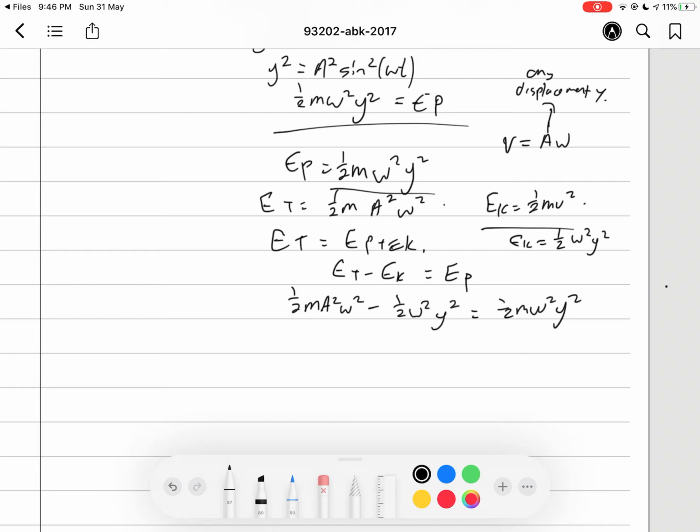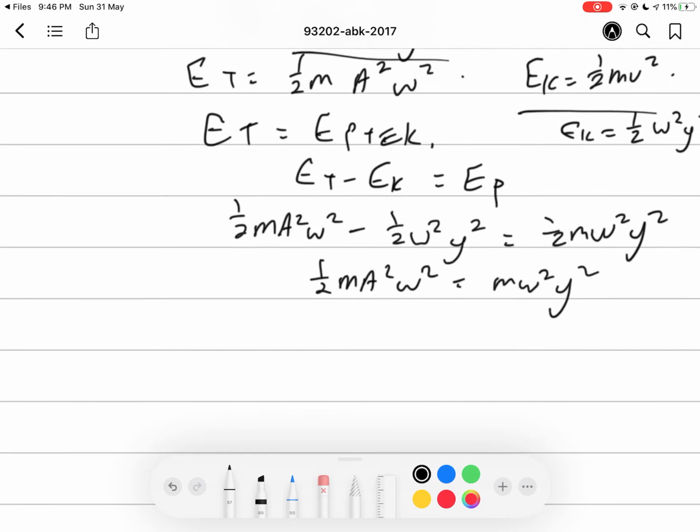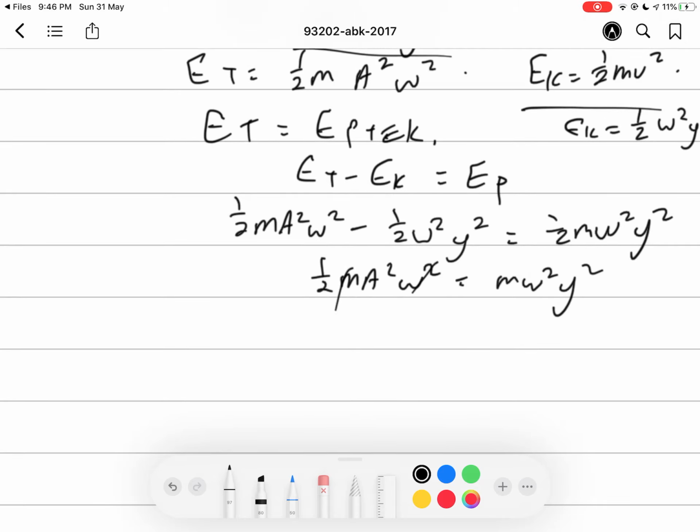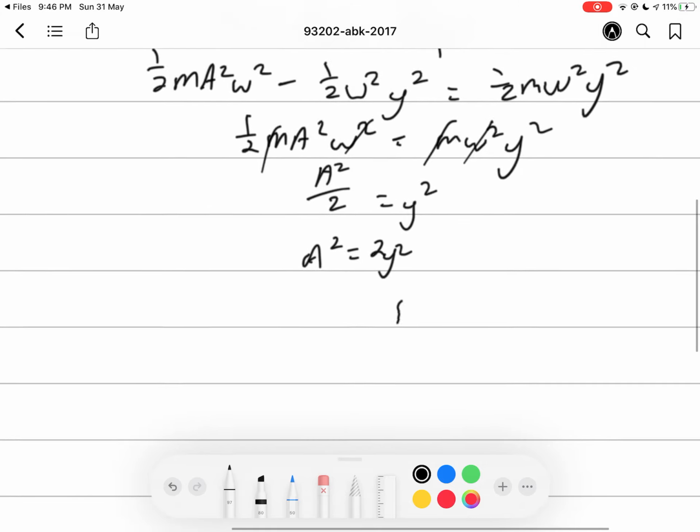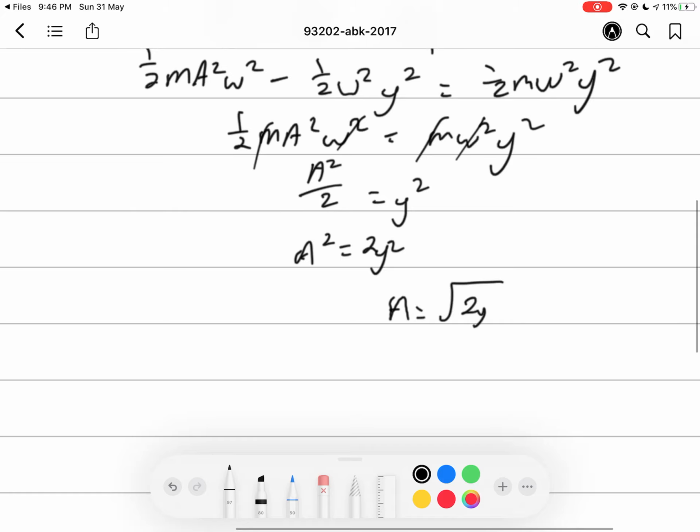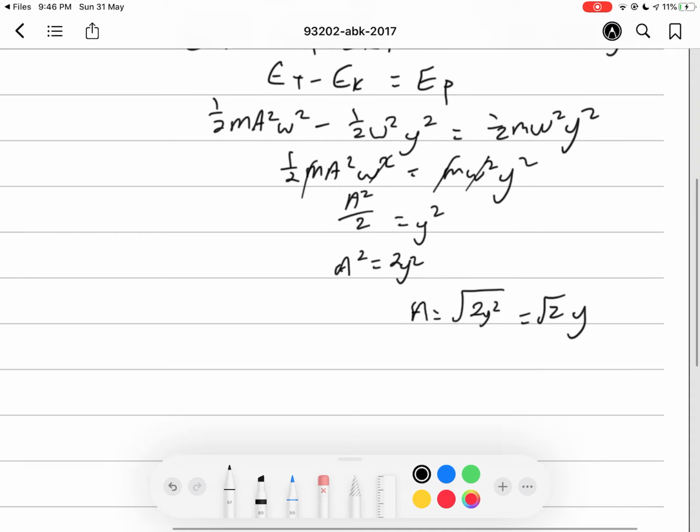If we move this 1/2 m omega squared y squared to the other side, it will become 1/2 m a squared omega squared equals m omega squared y squared. If we cancel m omega squared on both sides, we'll get a squared over 2 equals y squared. A squared equals 2y squared, and therefore a equals root 2y squared, and that equals root 2 y.